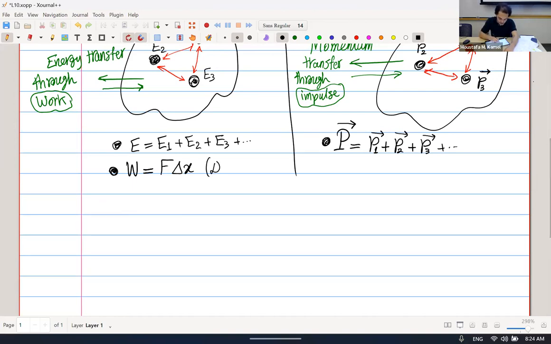And this was defining what this quantity is. And then we had a cause and effect relationship, or what we call the work energy theorem, saying that the work done on a system causes the total energy to change.